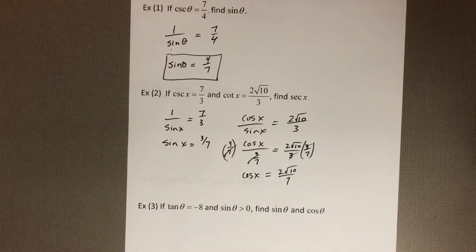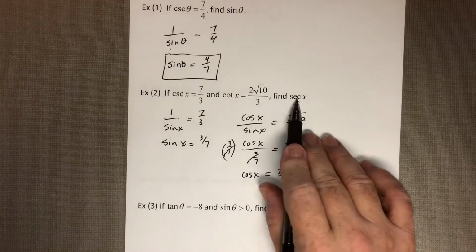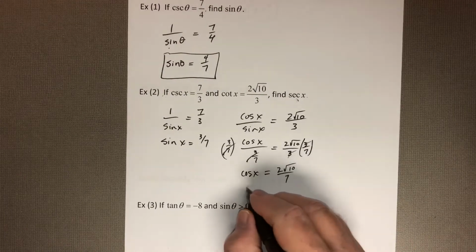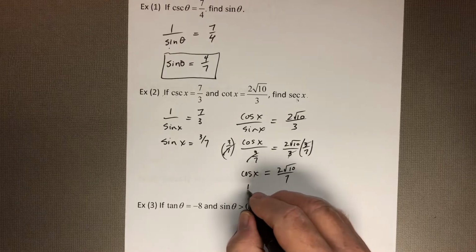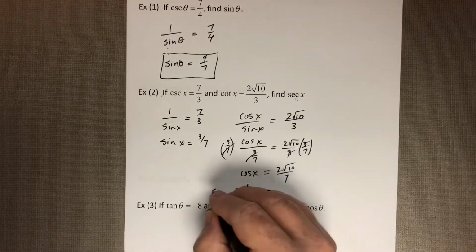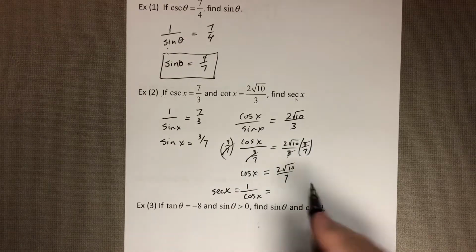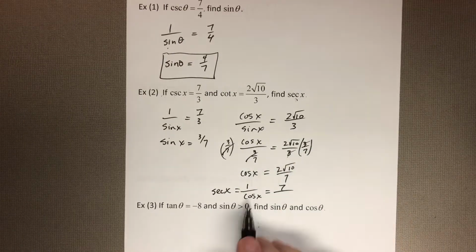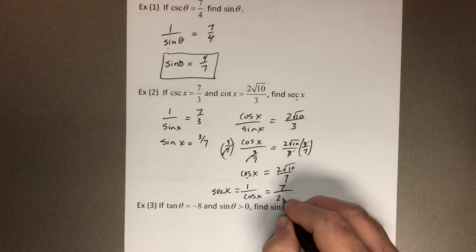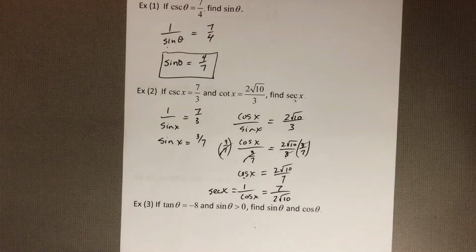All right, now we're looking for the secant. Well, the secant is the reciprocal of the cosine. So 1 over the cosine of x, which, by the way, is the secant of x, is equal to 7 over, because we're just reciprocating this side and that side, 7 over 2 times the square root of 10. All right.